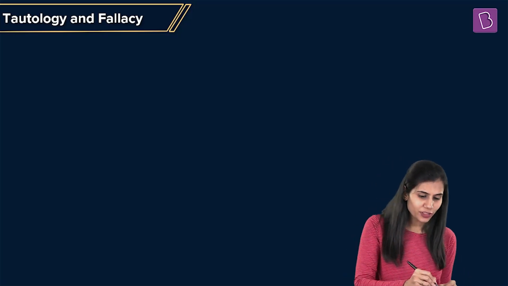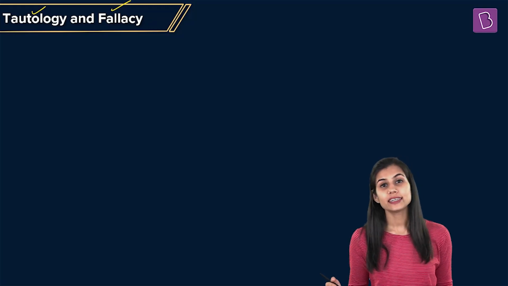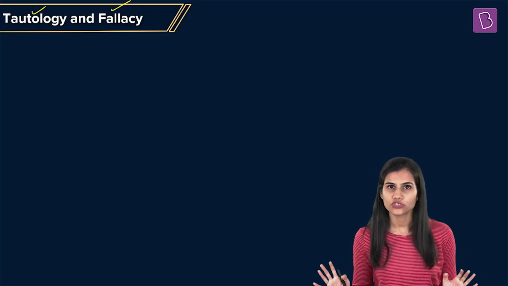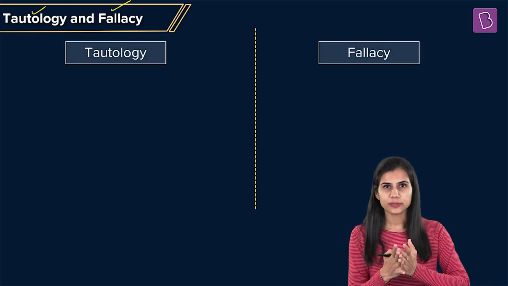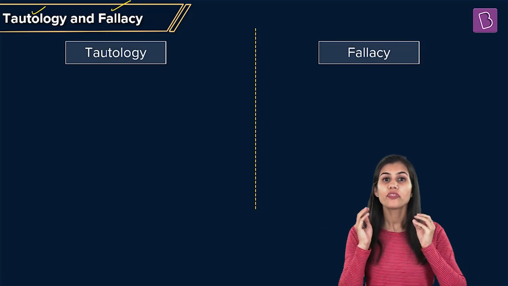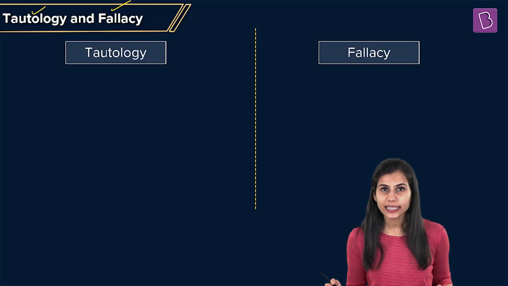I do agree that both these are pretty fancy words, but let us dive into the understanding of these two terminologies very nicely. You already know that the truth value of a compound statement is completely dependent upon the truth values of its component statements, right?